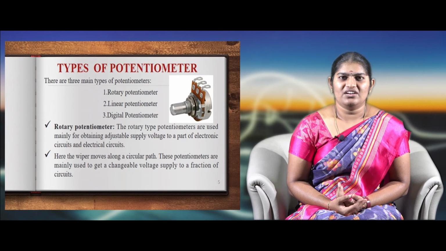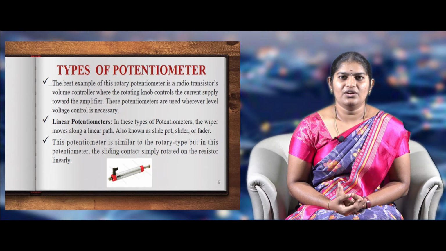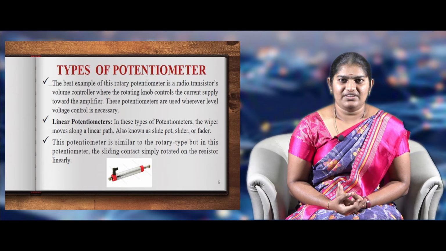These potentiometers are used to adjust the voltage level in a fraction of the circuit. The best example of a rotary potentiometer is the radio transistor volume controller, where a rotating knob is used to control the supply current towards the amplifier. Here the potentiometers are mainly used for level voltage control where it is necessary.